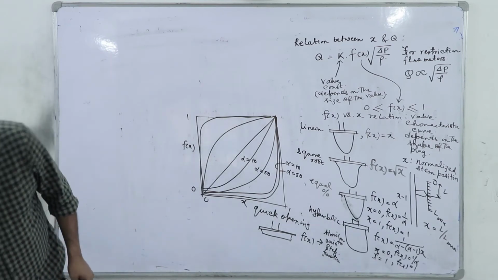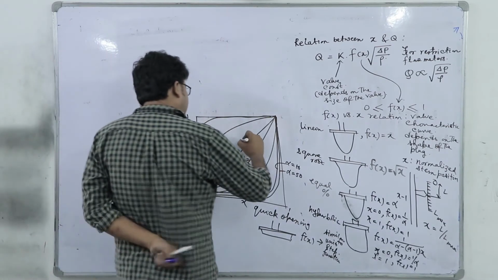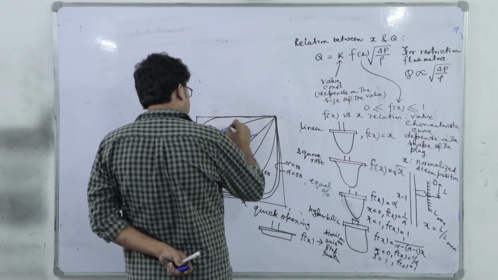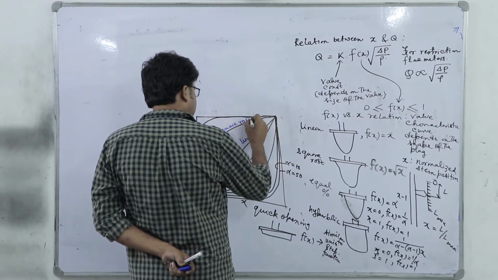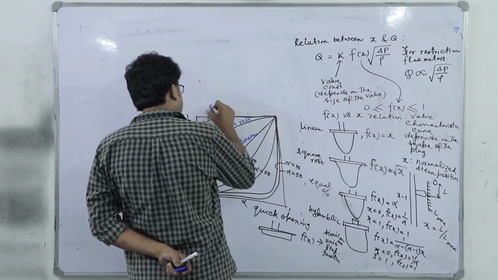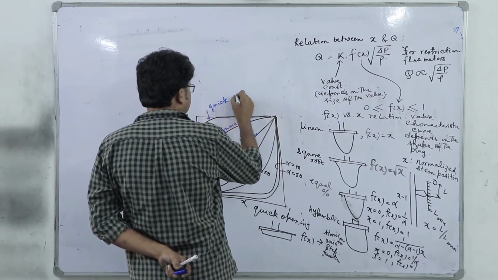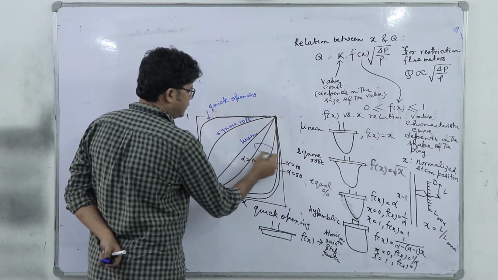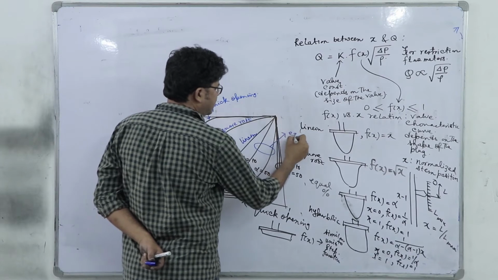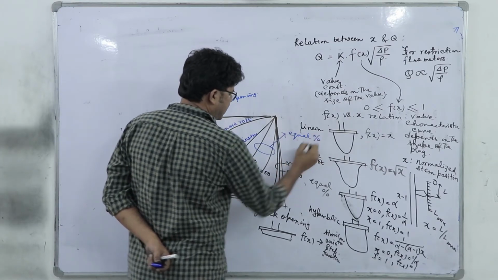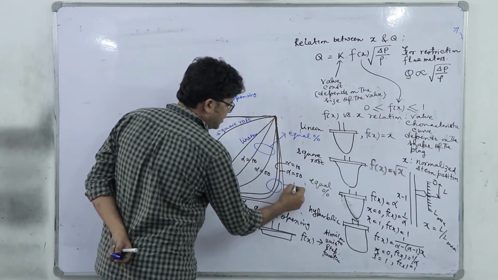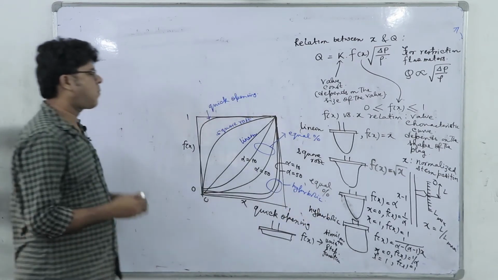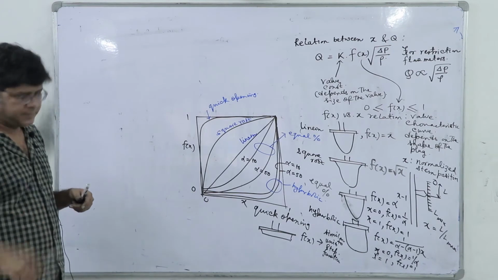Now you see this is linear, square root, this is quick opening, these two are equal percentage, and these two are hyperbolic, right?